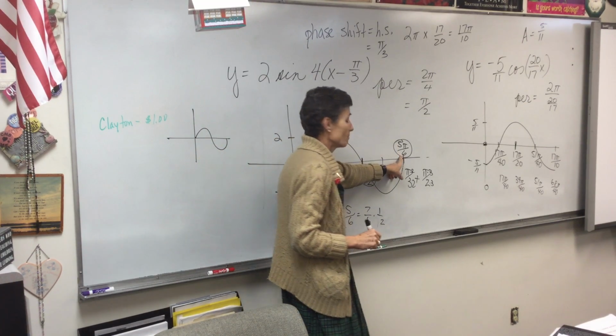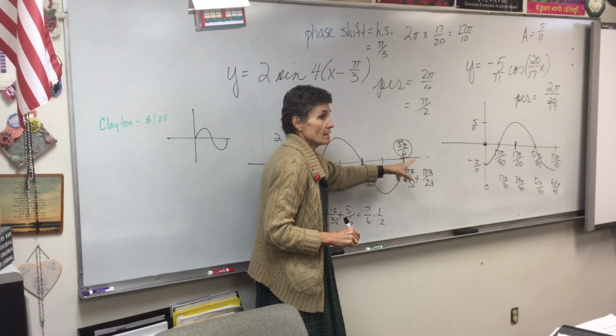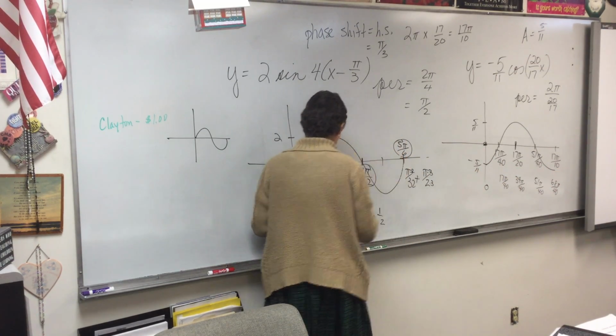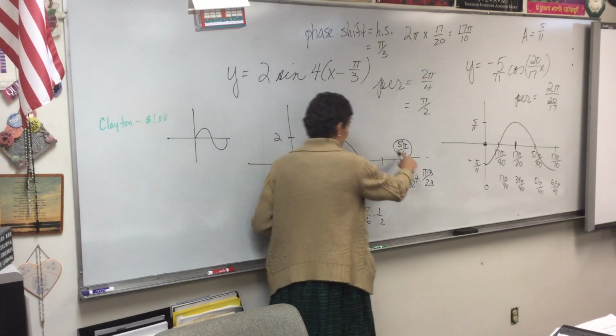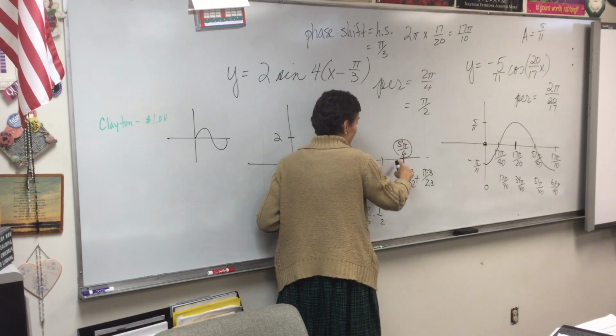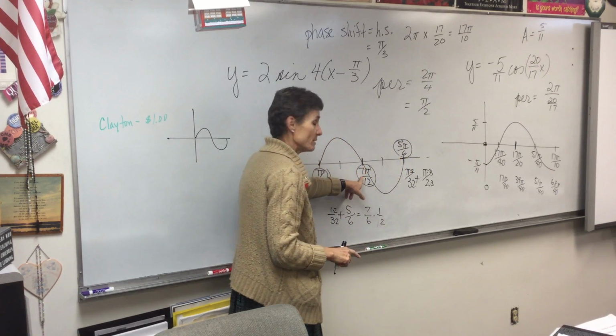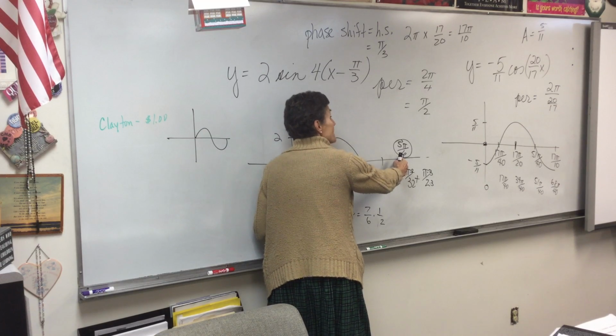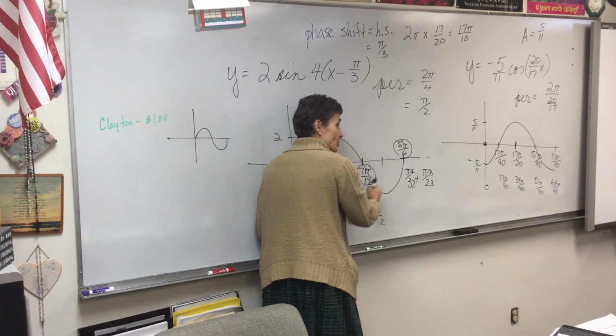Where did that number come from? Added the period. So this number is the starting point plus the period, which we calculated to be that. Now, where did this number come from? It's the midpoint or the average of these two.